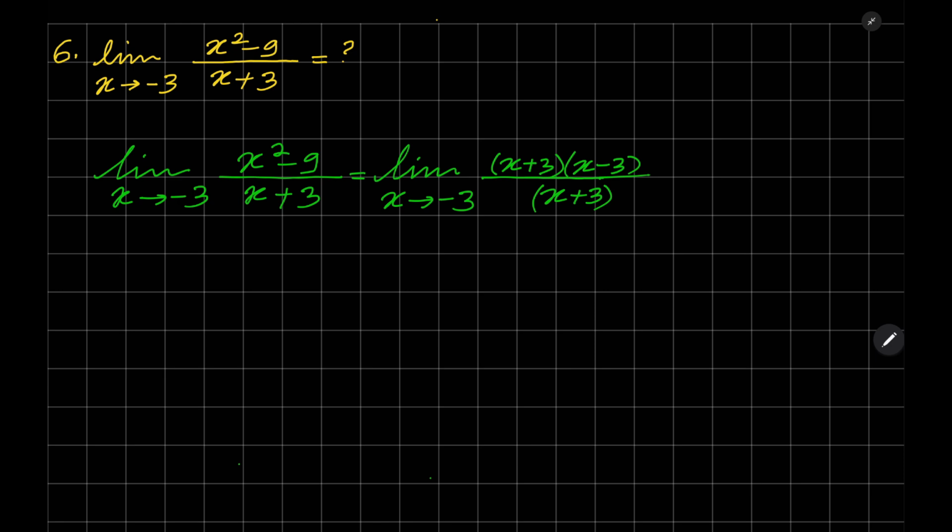Now the factor x plus 3 can be cancelled to get the much simpler limit expression of limit as x approaches negative 3, x minus 3, that can be easily evaluated via substitution.